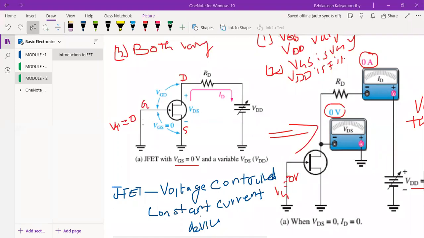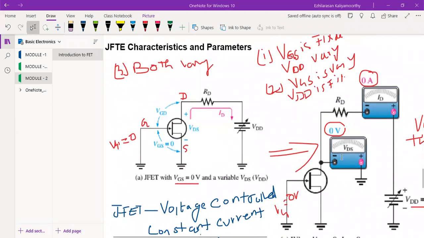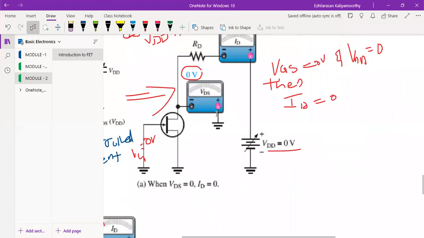So when VGS is equal to 0, the ID will be 0, then VDS also will be 0. So the condition will be VGS equal to 0 and VDD equal to 0, then ID will be equal to 0.